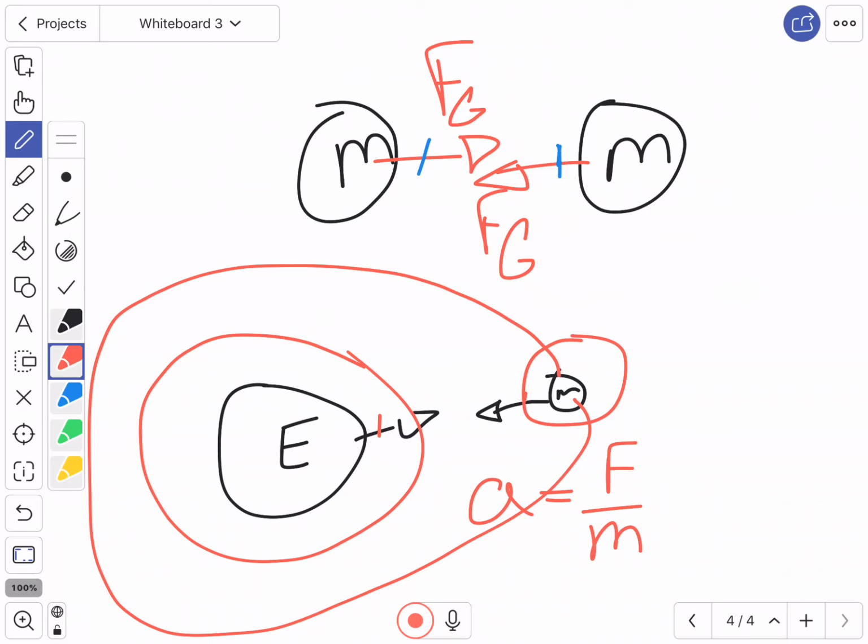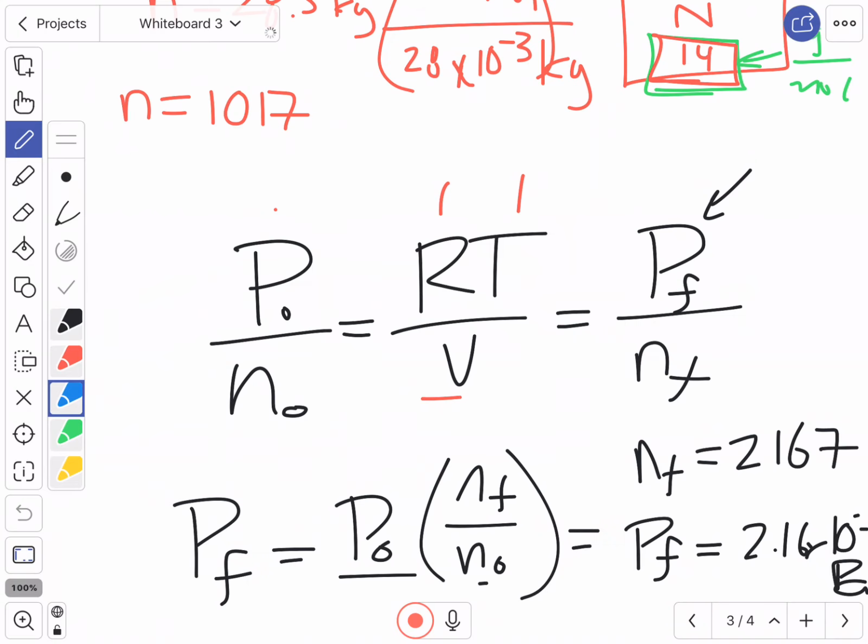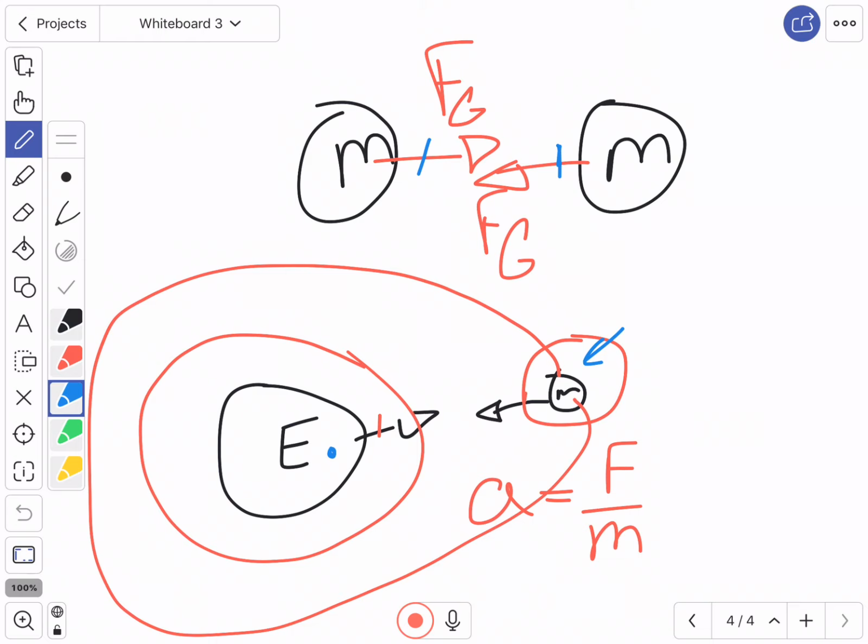Whereas the Earth really doesn't accelerate. Now, there's actually a center of mass that they both move around, but we're not going to focus on that. We're just going to focus on the moon being the thing that is moving, and the Earth not necessarily moving, okay?